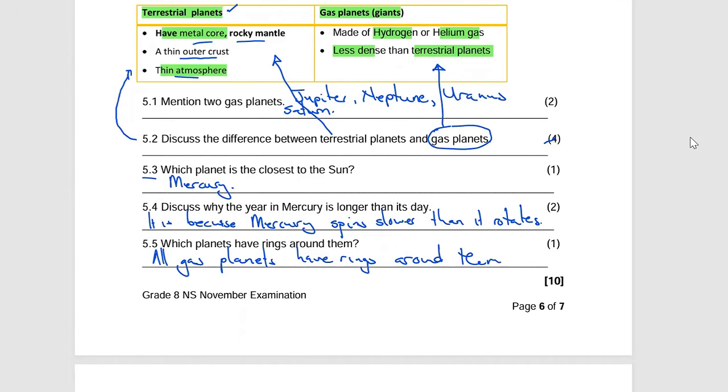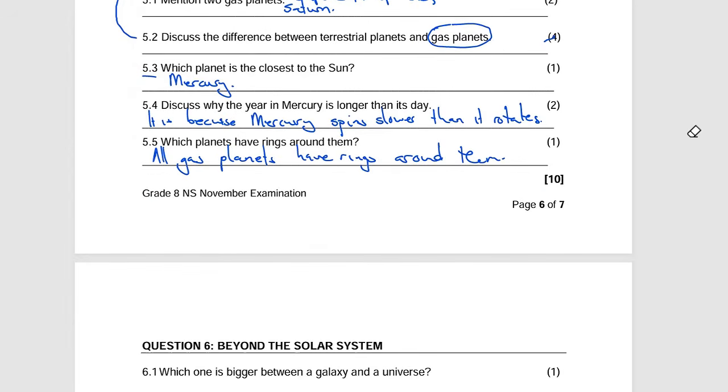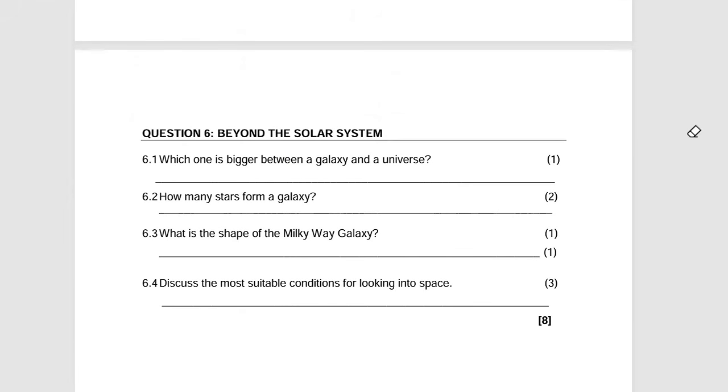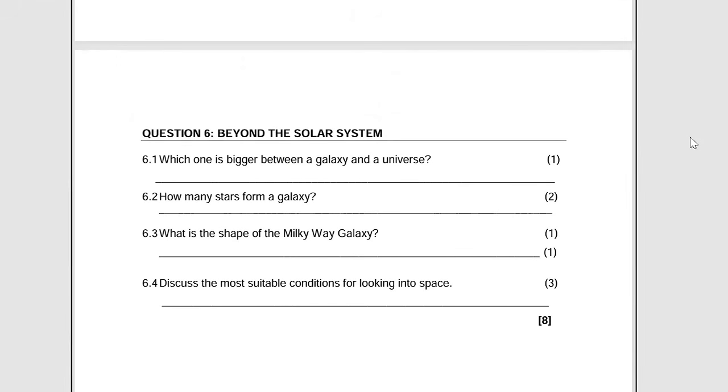So now we're talking about all these at the top, where we're talking about your Jupiter, your Uranus and all, right? Jupiter, Neptune, Uranus, and Saturn. These are some examples of what? Of our gas planets.